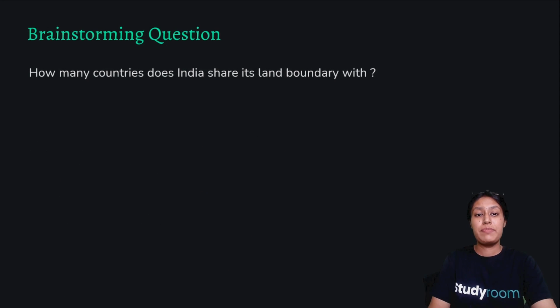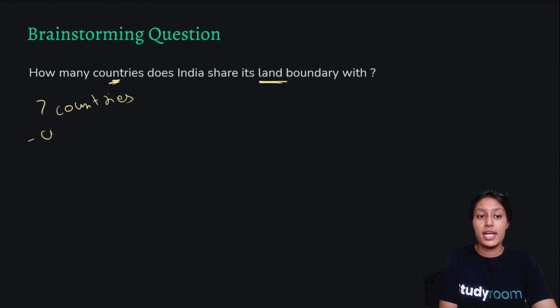Next, I have one brainstorming question for you. How many countries does India share its land boundary with? Think about it. We're talking about land boundary here. There are a total of 7 countries. I want you to name them with me.